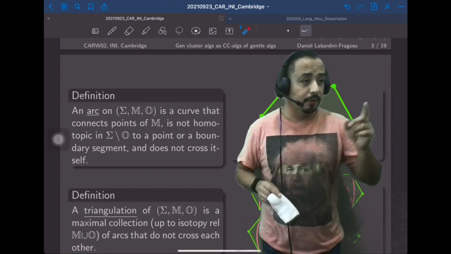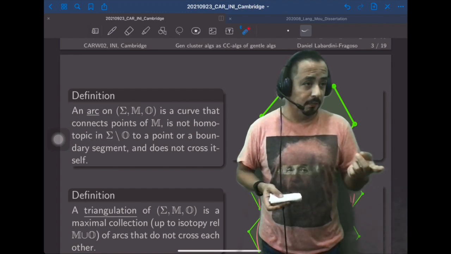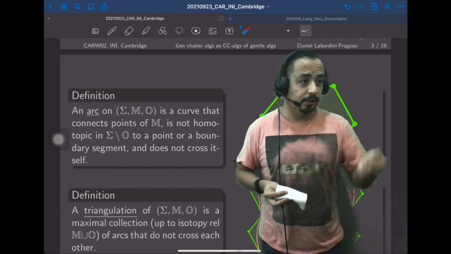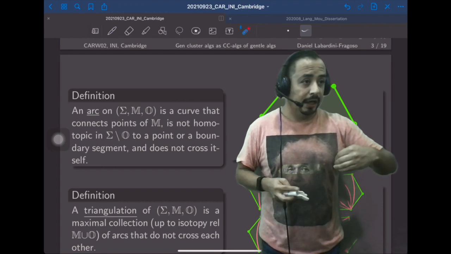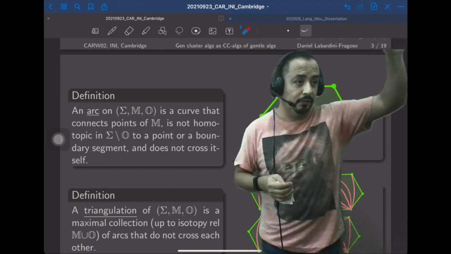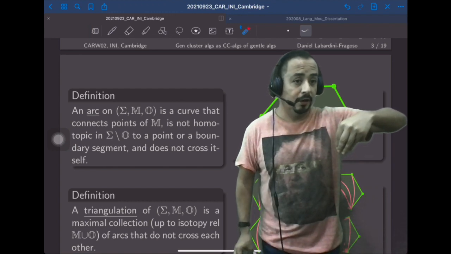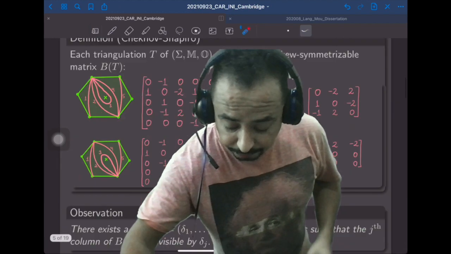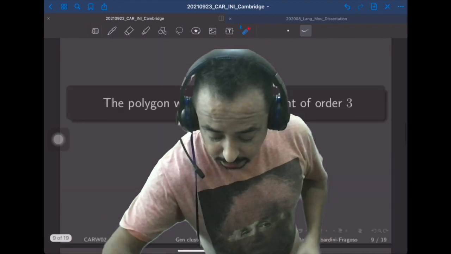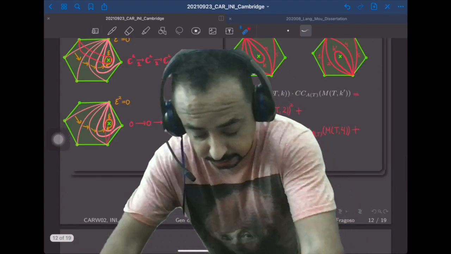I don't quite know, but in the case of the polygon, you are completely right. That's actually the strategy we took, Diego and I. We took this branched degree 3 cover, and you read things upstairs, and then you have a push down functor, and then we used, very essentially, some results of Paquette and Schiffler in order to establish this formula.